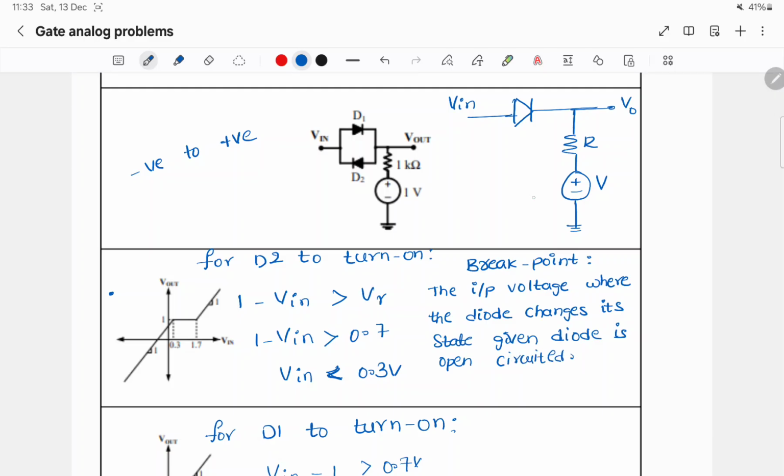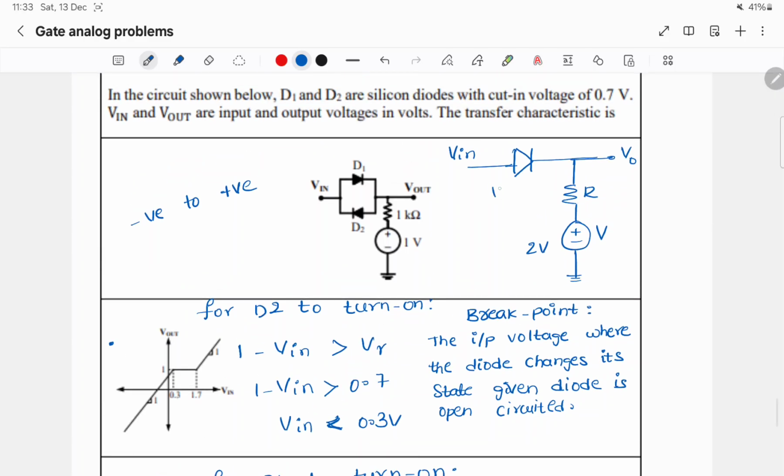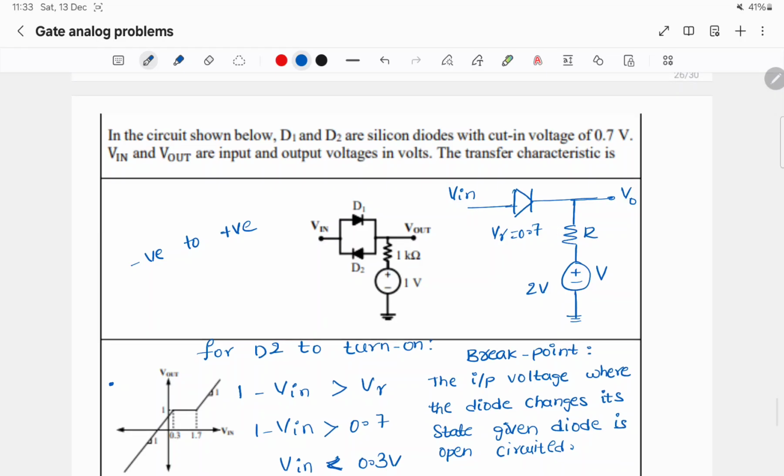Let us say this is 2 volts and the diode has a cut-in voltage of 0.7. To find out the breakpoint, I'll open circuit the diode, then the voltage here will be 2 volts. For this diode to turn on, the input voltage needed is 2 volts plus V gamma, so the breakpoint will be 2.7 volts.